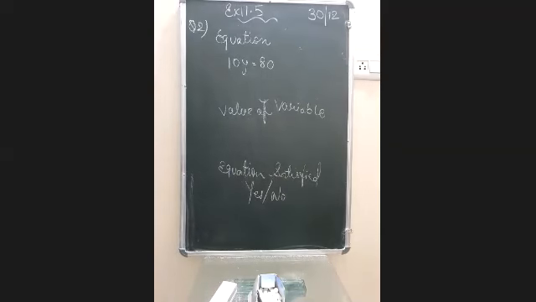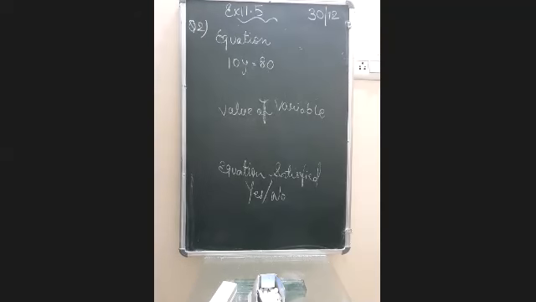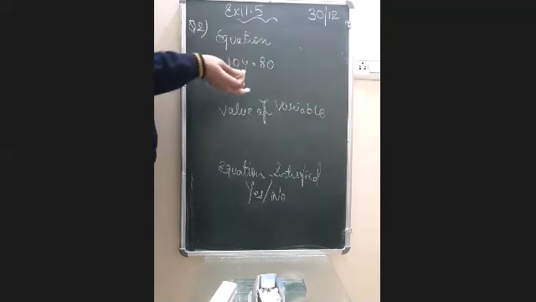So let me tell you one thing, beta. There is an equation on the board, and this is the perfect example of an equation. Now you must be thinking why this equation is satisfied, yes or no. Remember, if you say 10y is equal to 80, and y is an unknown quantity for us, we don't know what y is.